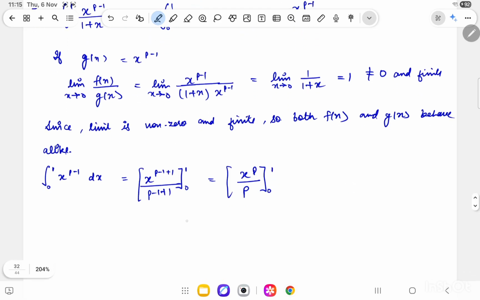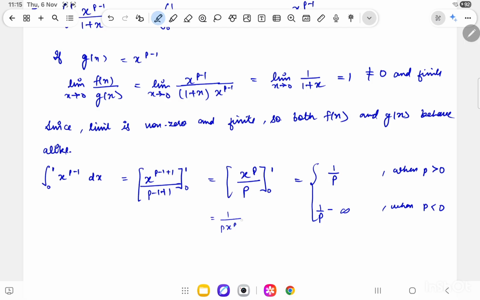Now this limit will be equal to 1 by p when p is greater than 0, but it will be minus infinity when p is less than 0, because when p is less than 0, this is basically 1 by p times x raised to p, and if I plug in 0, it will be 1 by 0, that is infinity only.